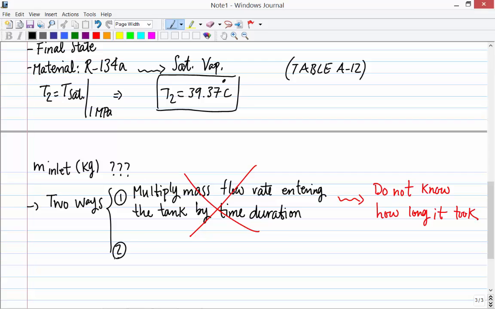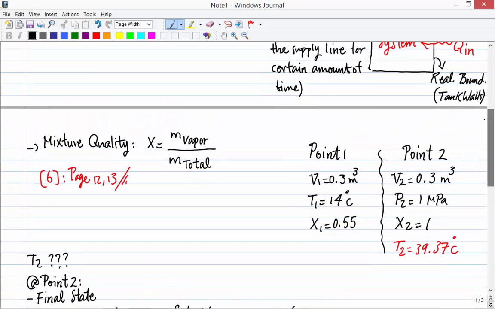The other way that we can choose is, as I told you before, I have picked the initial and final states as point 1 and point 2. Initial is before I open the valve, and final is after that mass entered the system and I close the valve.